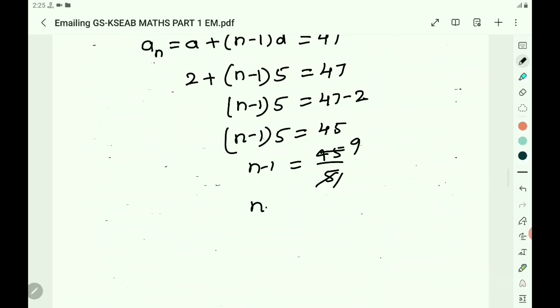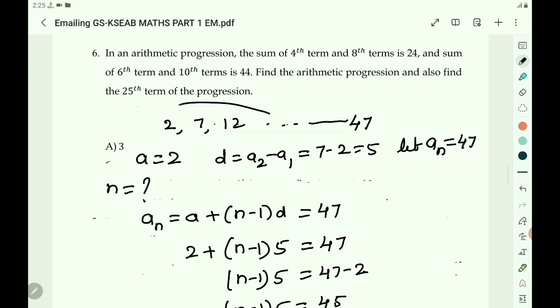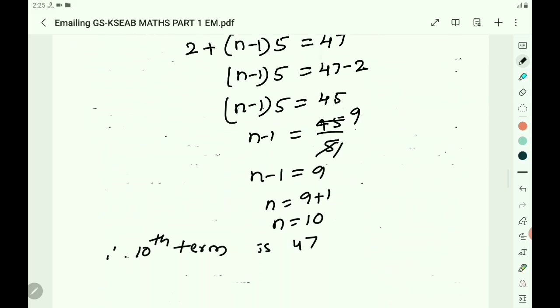You get n minus 1 equals 9. Then n equals 9 plus 1, so n equals 10. Therefore, the 10th term of the AP 2, 7, 12 and so on is 47.